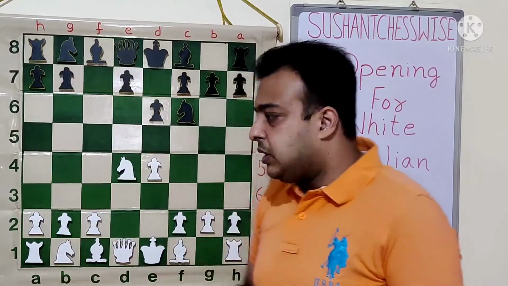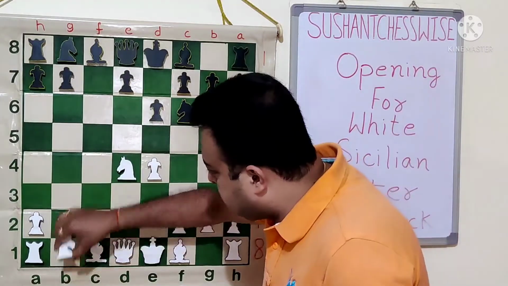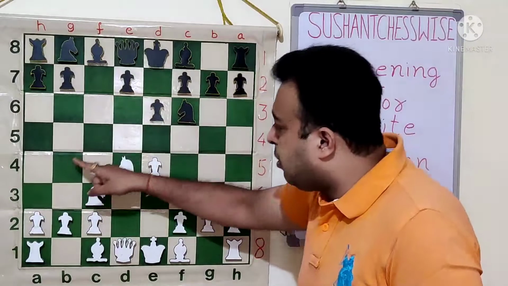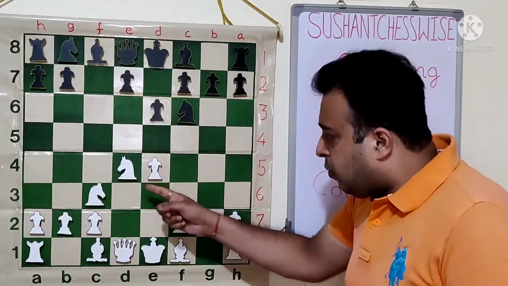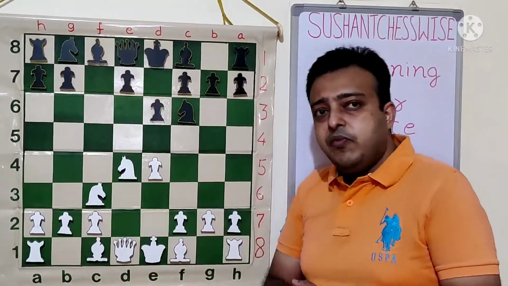There will be no a6, so maybe white will lose a tempo there. So the line which we must know is the move c3, to which it looks like the move Bishop b4, which causes some problem to the white center. So this is called the Sicilian counter attack, the move Bb4.